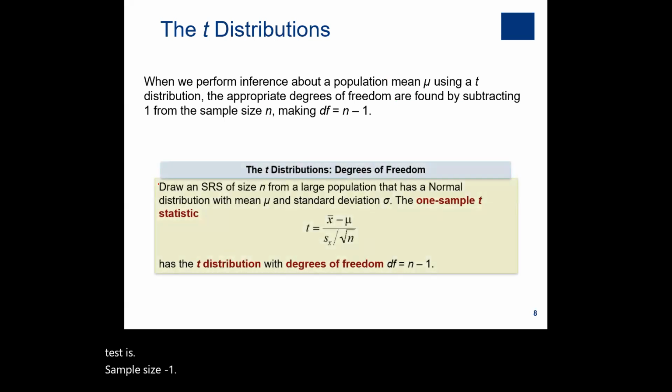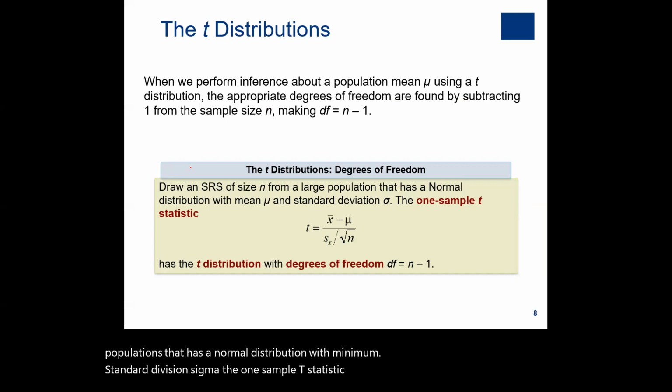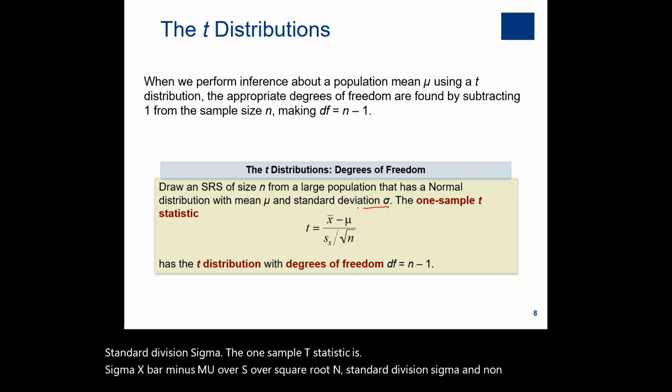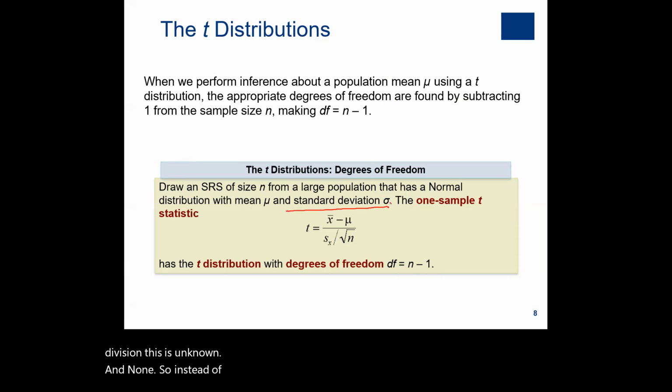Draw a simple random sample of size n from a large population that has a normal distribution with mean mu and standard deviation sigma. The one sample t statistic is x bar minus mu over S over square root n. Sigma is an unknown standard deviation, so instead of using sigma, we use S. This has a t distribution with n minus 1 degrees of freedom.